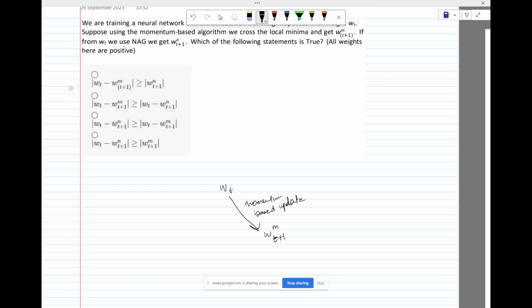If from Wt we use an extra accelerated gradient, we get Wn t plus 1. Then which of the following statements is true?